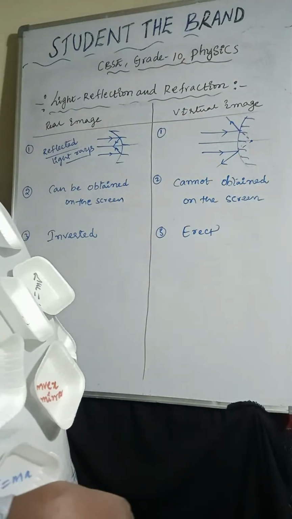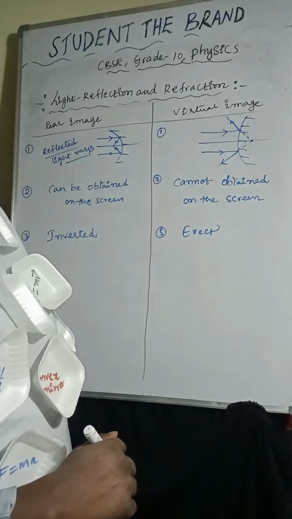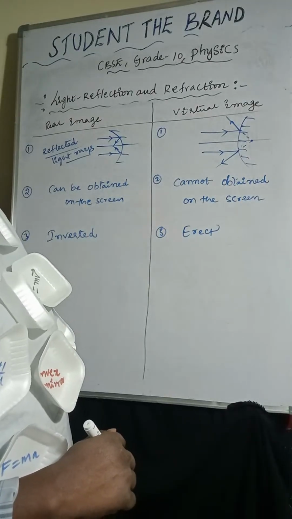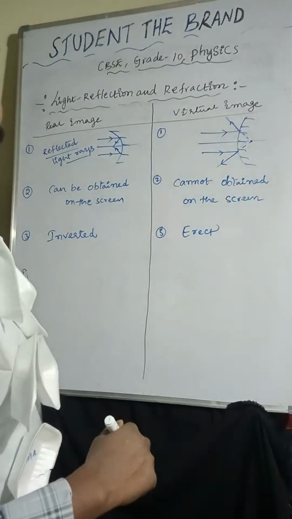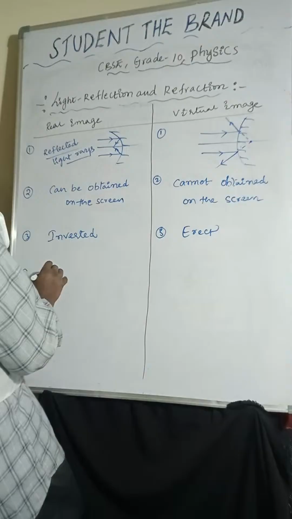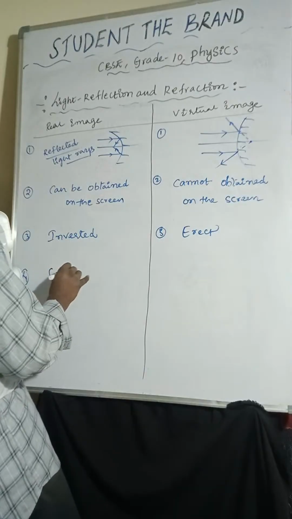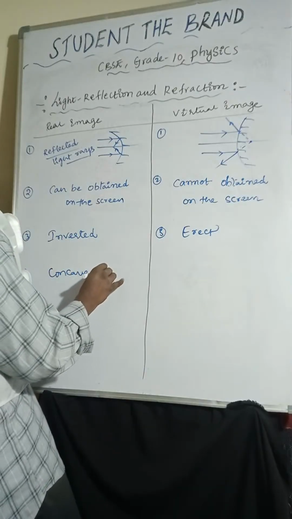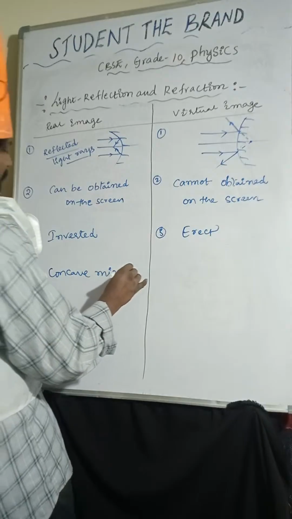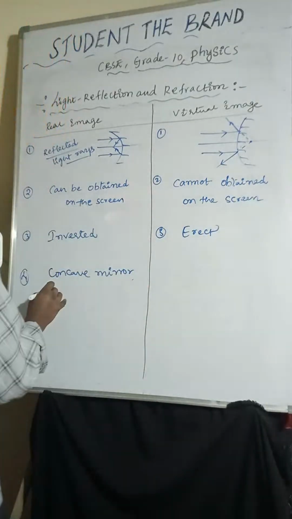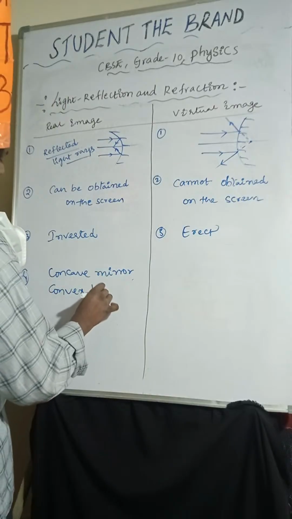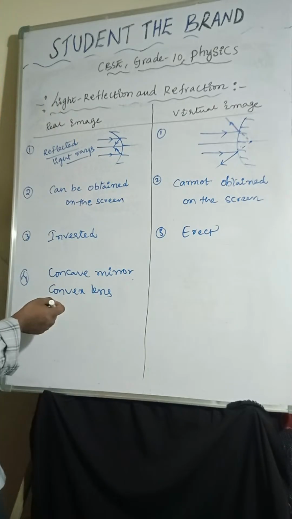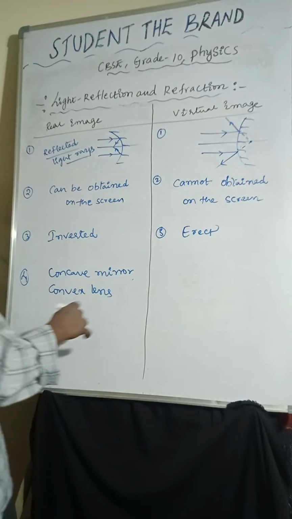The real image is formed by a concave mirror and a convex lens.